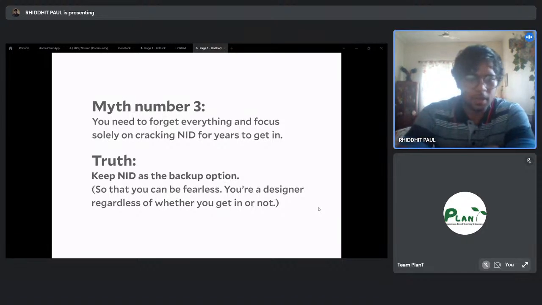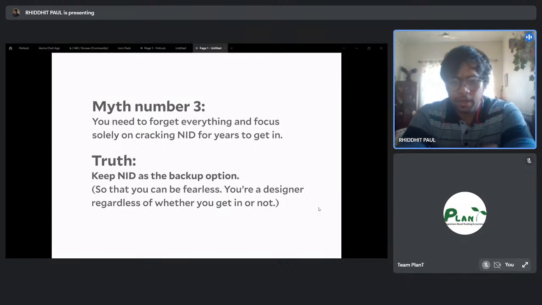Myth number three is for NID you need to forget everything and focus solely on cracking NID, right? A lot of people join coaching centers, right? But NID is not like any other exam, it's not like IITs, it's not like UPSC.